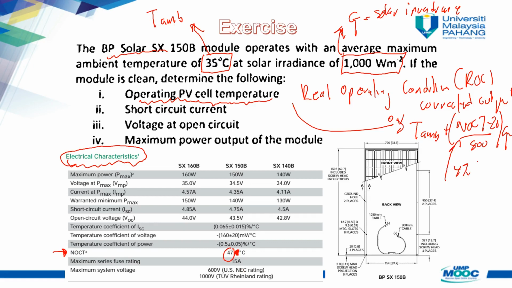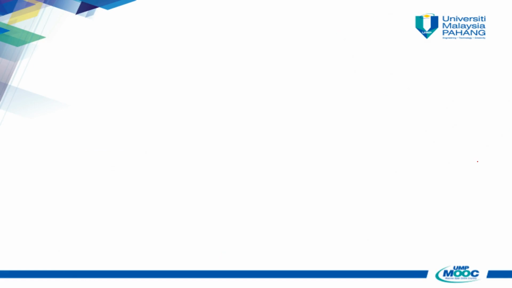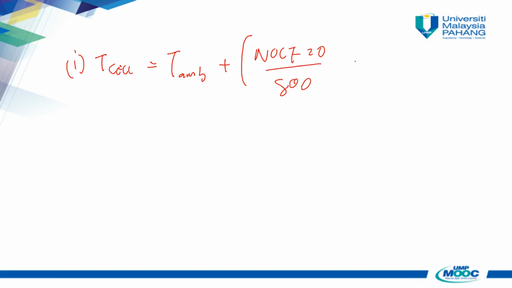So please calculate lah. Cepat. Berapa tadi? Laju lah. Apa nak tulis? T ambient plus NOCT minus 20 over 800 multiply with G. T ambient apa? 35.